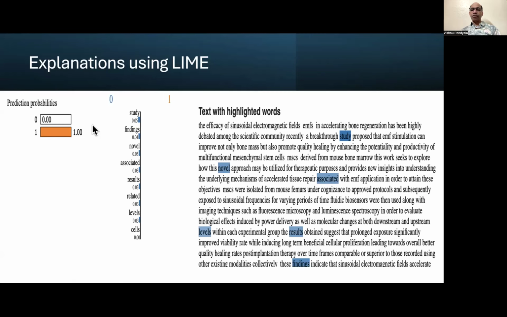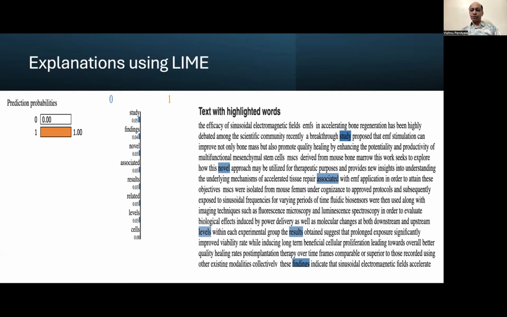So it's local to a particular data item. So the features, the human interpretable features in this case, are words. So the most important words for the model's class prediction are listed in the middle of the figure, along with their weights. The weight of a feature indicates how important that feature was for the model prediction.